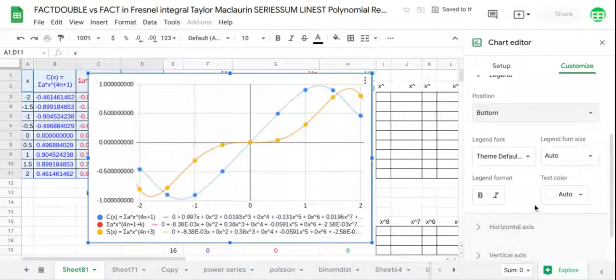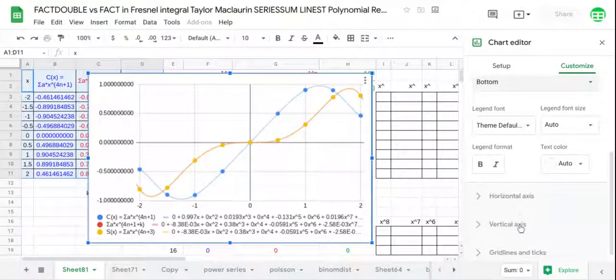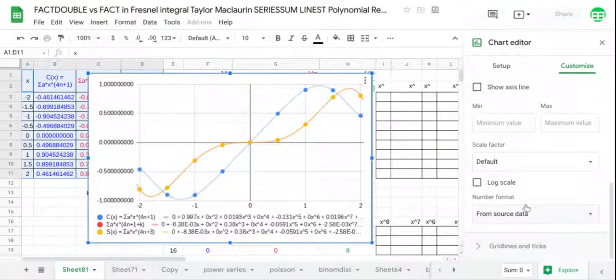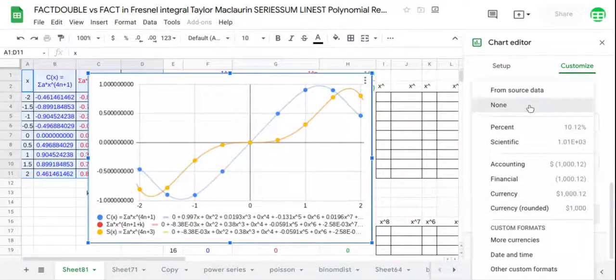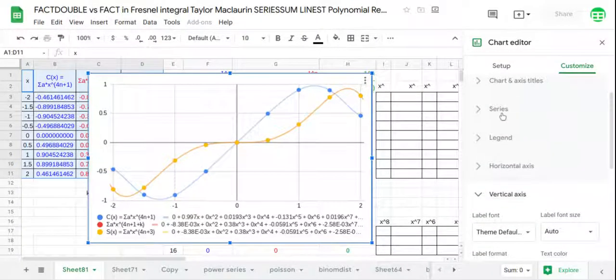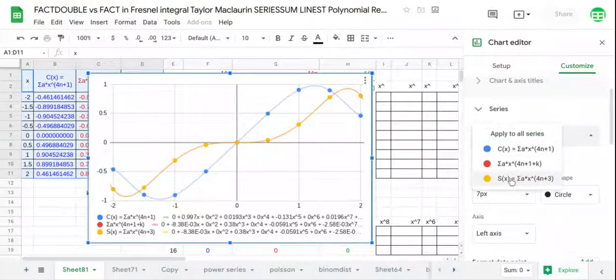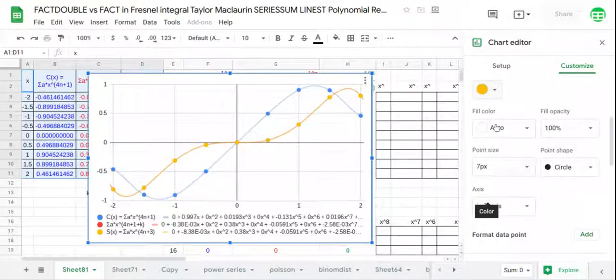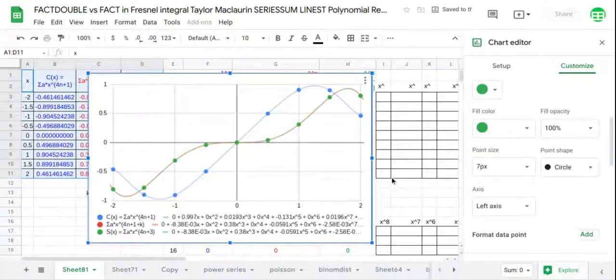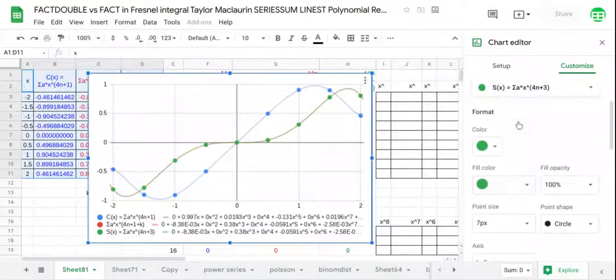We want to clean this, so we go to the vertical axis. For the vertical axis, the number format will be none. That's better. We don't have yellow, so we go back to the series. This one should be colored green to match our data set. So that's the color for the Fresnel integral of sine.